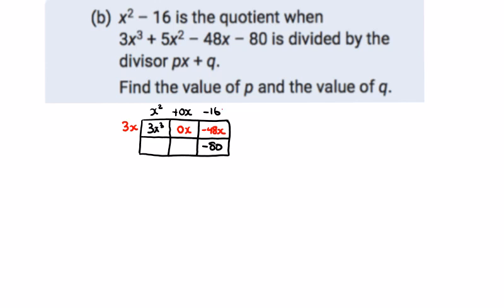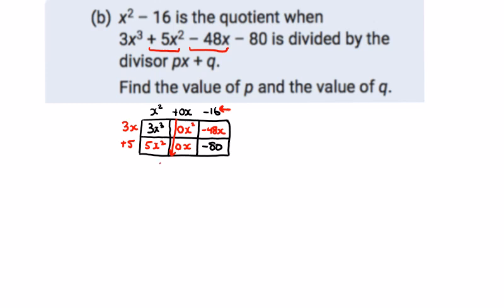And if we work from here, from the minus 16 times plus 5 will be minus 80, and then we can fill in our 5x squared. And that does make sense, here we have our 5x squared and our 0, and we want minus 48x, which we already have, and 0 by anything is 0. That's why these two are 0.